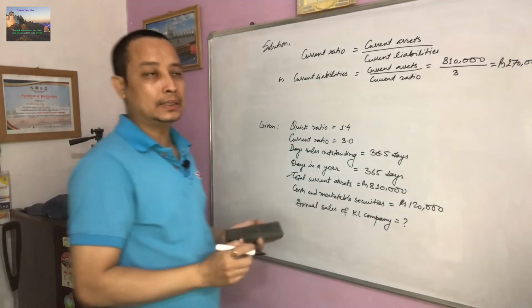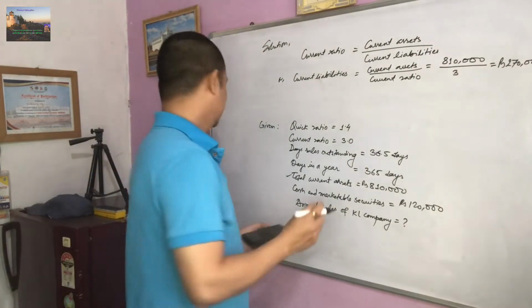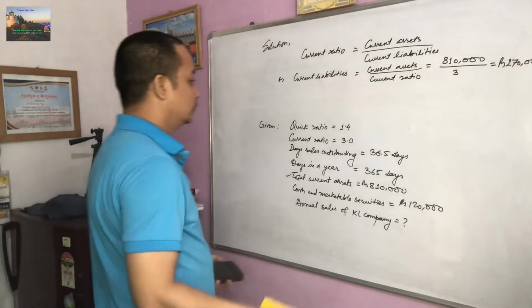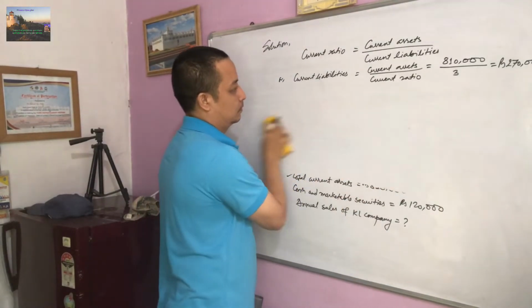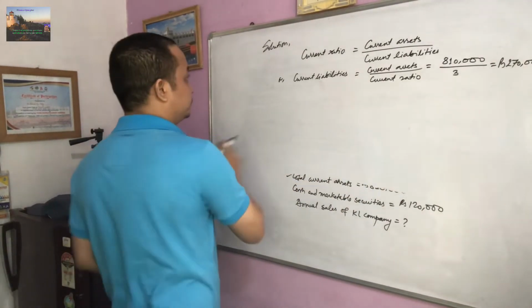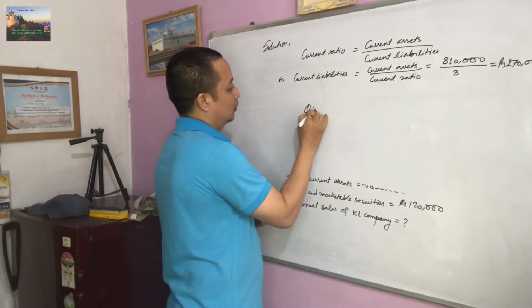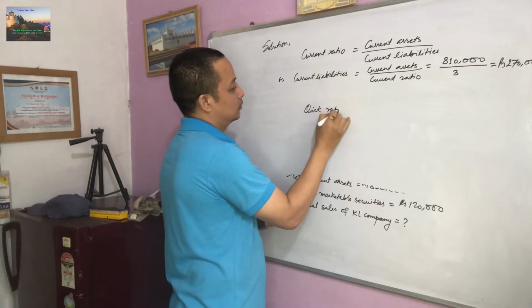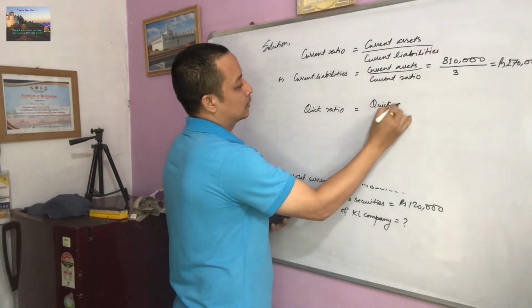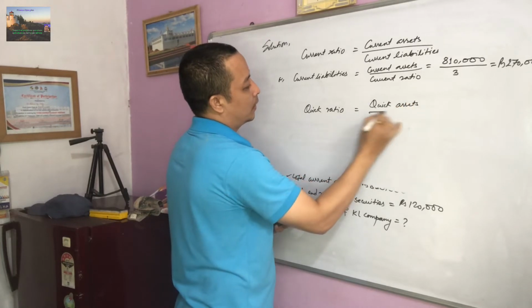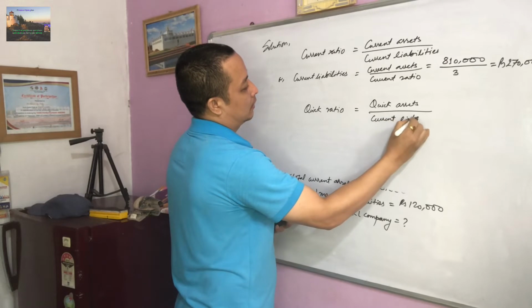Now after finding the current liabilities, now you have to find the quick asset by using quick ratio. So now let's use quick ratio. Quick ratio equal to quick asset upon current liabilities.